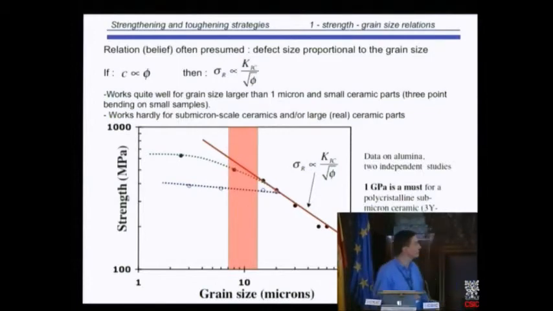Because we are now talking about nanoceramics. So here is a strength versus grain size graph I plotted yesterday night with two independent studies on alumina. One study with these dark black spots, and another experimental work with these blank spots.